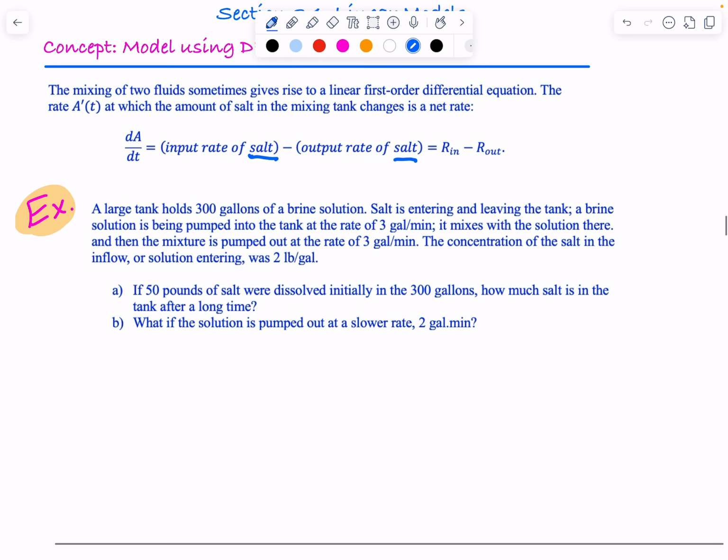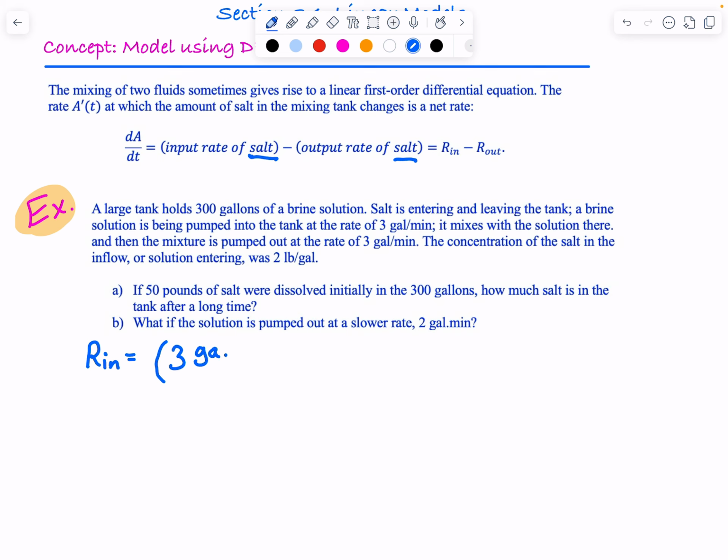Okay, before we start answering A and B, we're going to go ahead and create our differential equation by figuring out what R in and R out is. So how we set this up, remember R in is the amount of salt. I know the brine solution going in is 3, and I'm going to write it like this to help me, 3 gallons per minute.